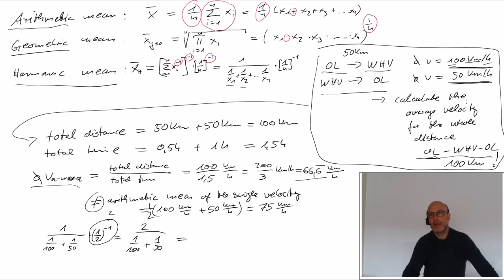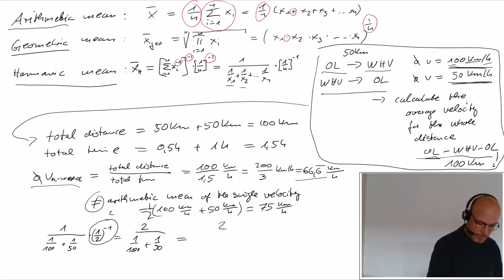What do you do if you have two different denominators? We should have the same denominators. So 2 over 1 over 100 plus 2 over 100.